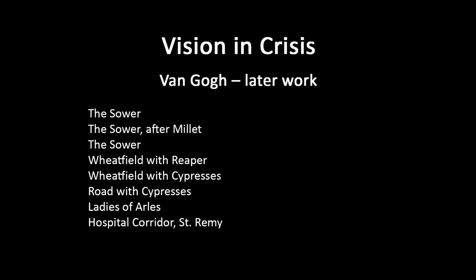I think it says something about Van Gogh's working process, that it's not just that he was interested in Millet when he was young and learning the realist style. He stays interested in him. He's sort of faithful to his influences. So even at this later stage, he's still looking back to Millet.